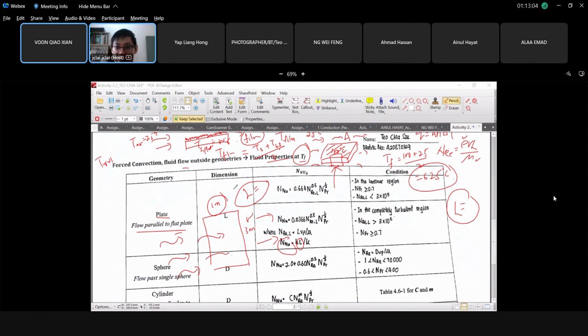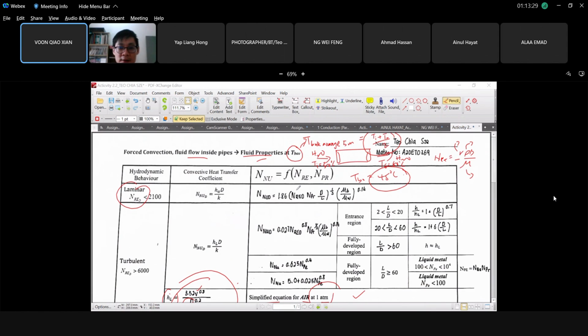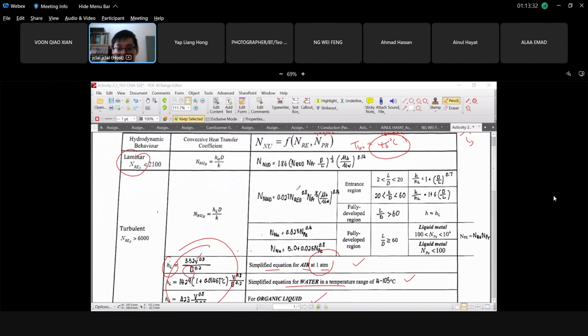Sorry, what do you mean by temperature range? Okay, wait. Maybe doctor, you can scroll to the first table. Okay, and then I'm referring to the temperature range for water.